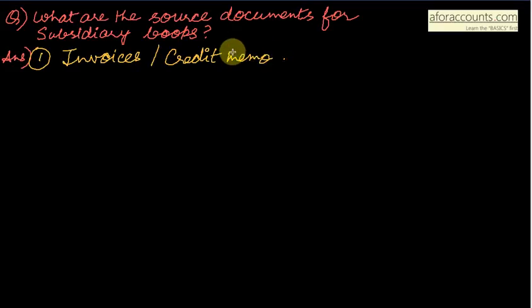In case of credit transactions, maybe purchase credit में किया है, sales of goods is in credit, an invoice is issued by the seller to the buyer. The seller will issue an invoice to the buyer. For the seller, you call it an outward invoice because the seller is giving it. So outward invoice.